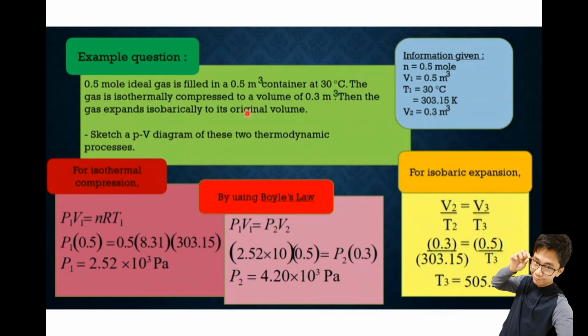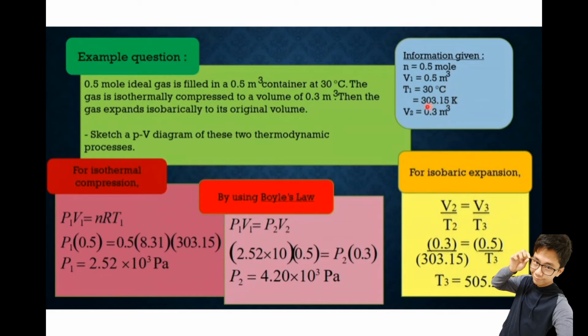So the first step we have to do is to extract the information given in the question. So we have here n is equal to 0.5 mole. The first volume is 0.5 meter cube, and then the first temperature is equal to 30 Celsius, and we change to Kelvin.